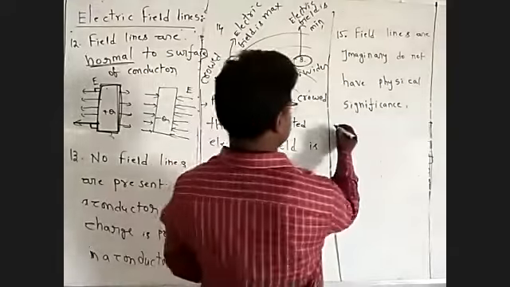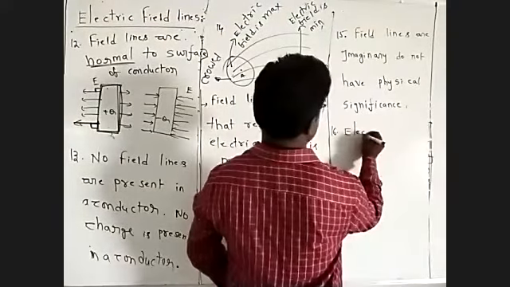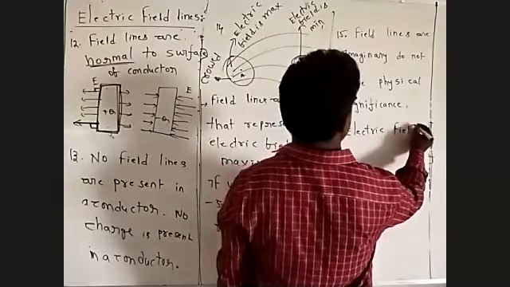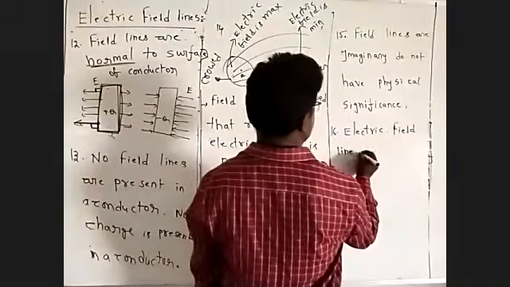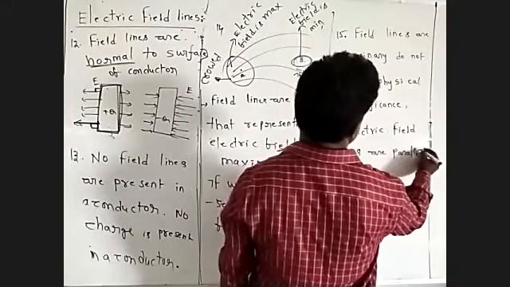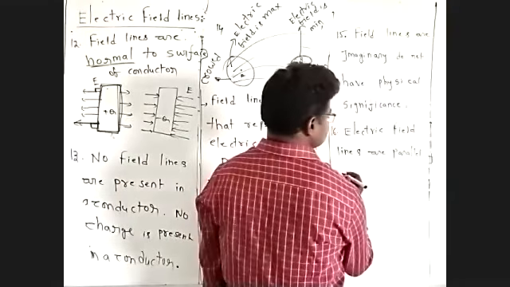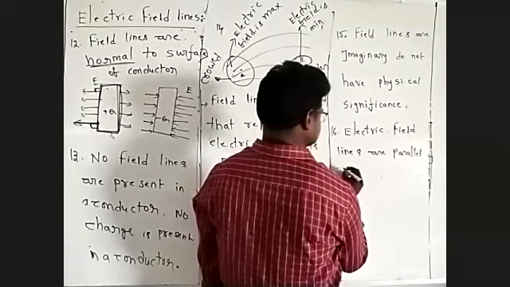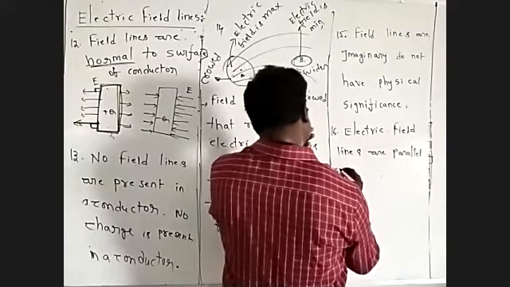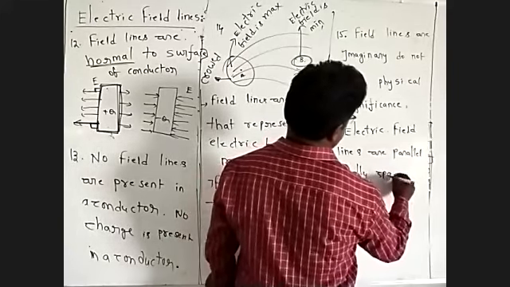So, the last point. Electric field lines are parallel and equally spaced.